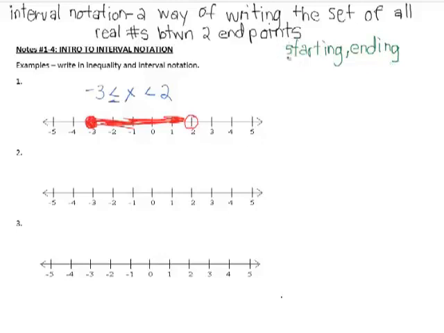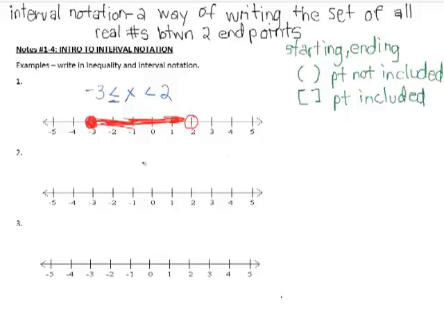And you're going to put either brackets or parentheses, or one of each, around those numbers. So let's talk about when you use what. You're going to use parentheses when the point is not included. You're going to use brackets when the point is included.